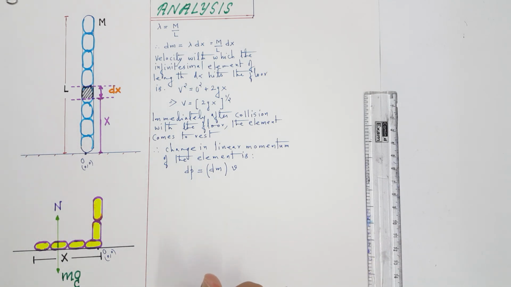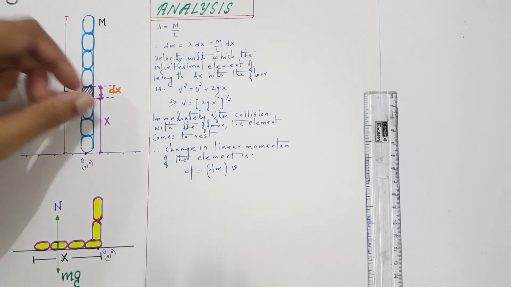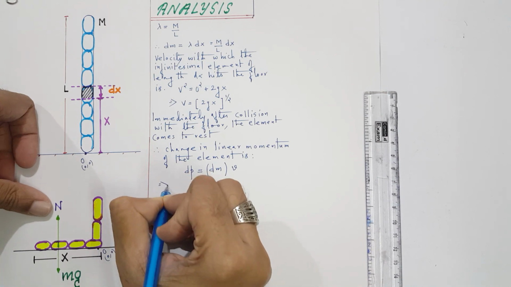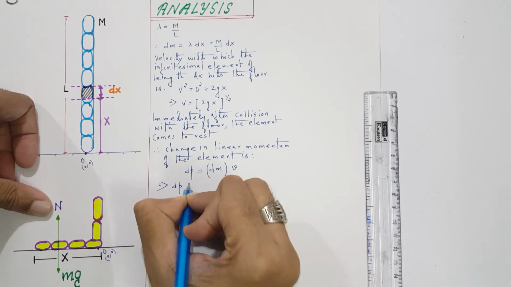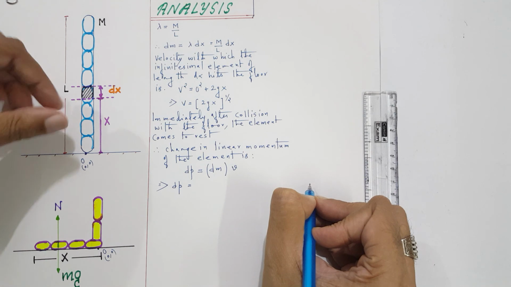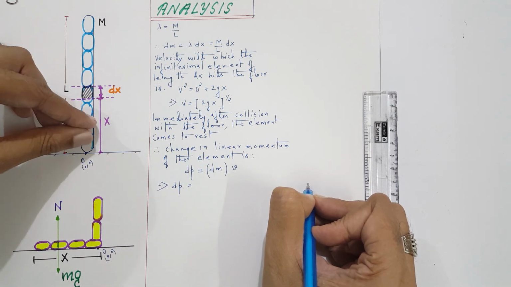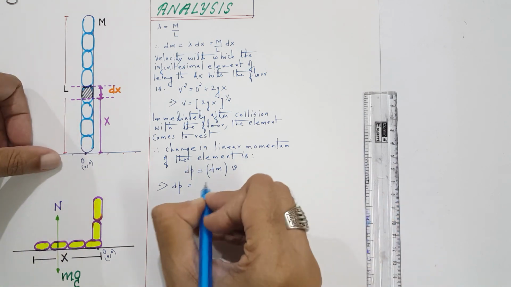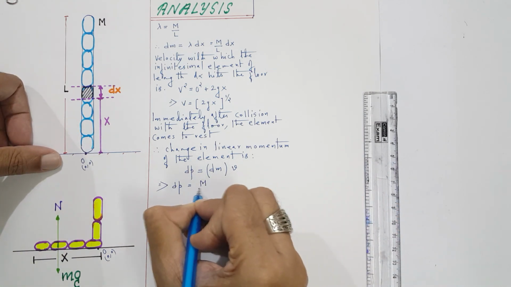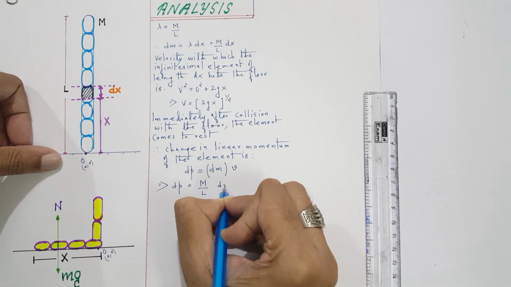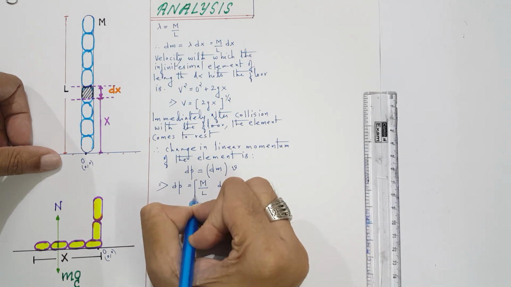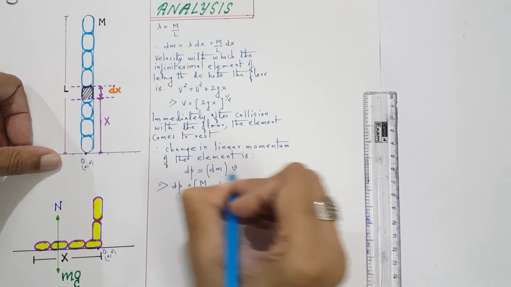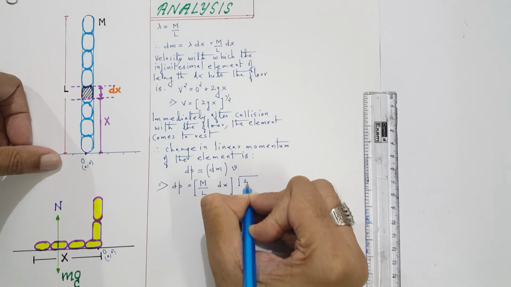Now what is dm? dm is the mass of this element. So dp can be written as the mass of this element, dm, which is M by L multiplied by dx, into v, and v is the square root of 2gx.